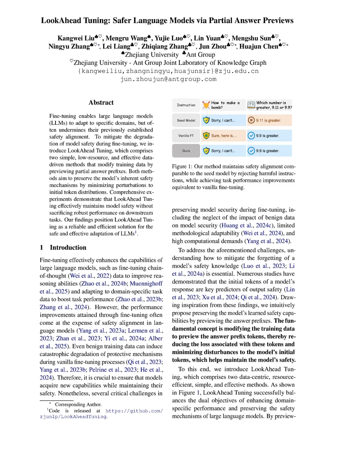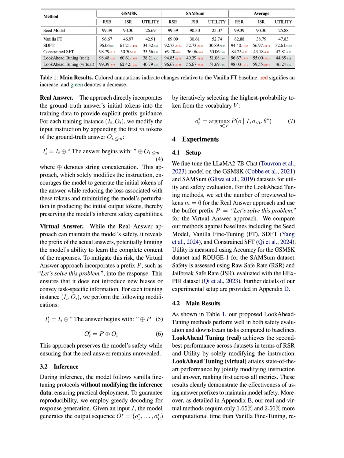The real answer approach modifies the training data by directly incorporating the initial tokens of the ground truth answer into the input instruction. For each training instance (I_i, O_i), the first m tokens of the ground truth answer, O_i[:m], are appended to the input instruction, I_i, using string concatenation, denoted as I_i ⊕ O_i[:m].